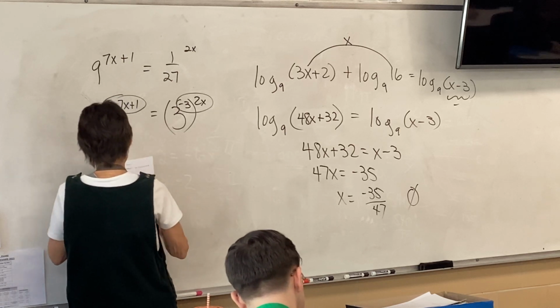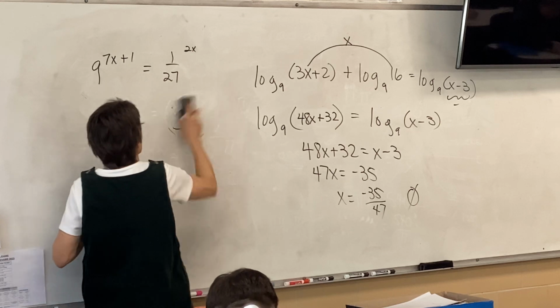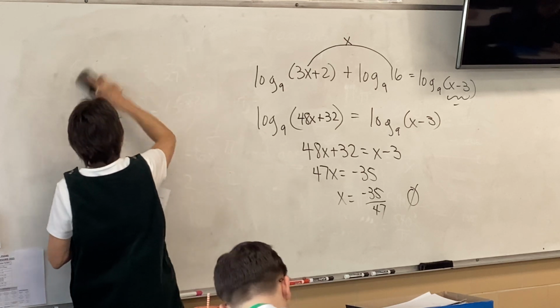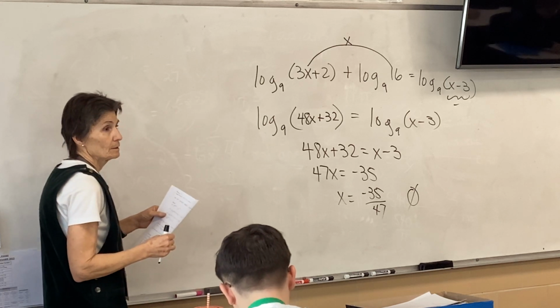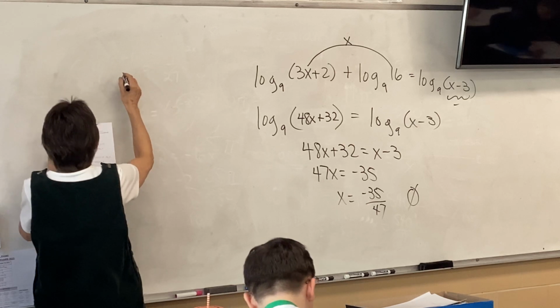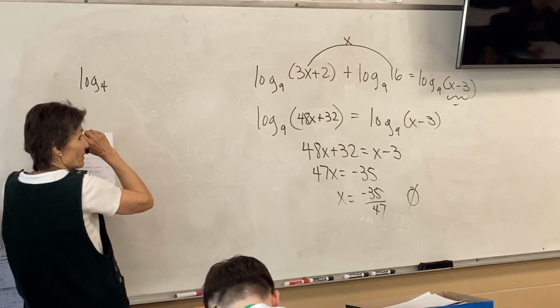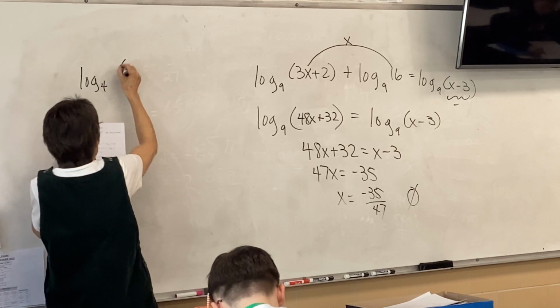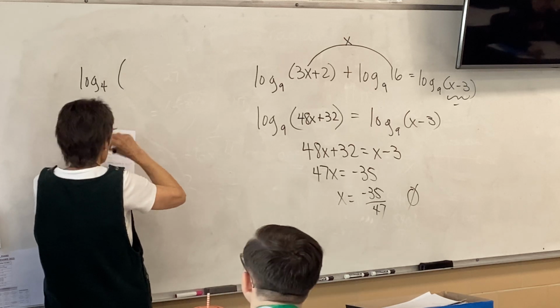All right, looks like C is kind of the same, except it's an inequality. Okay, so here we go. I'm going to put those two logarithms together. Would you be okay with that? And when I put them together, they're going to go together as a division.